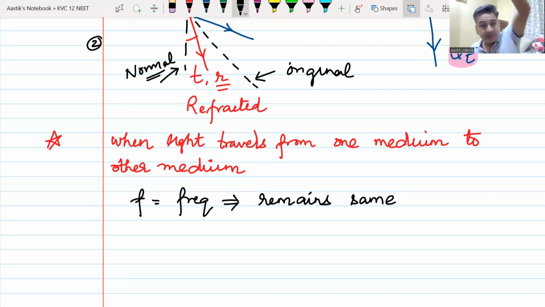It depends on this bulb, not on anything else. So frequency remains the same, but something changes. What changes? V and lambda. What is V? What is lambda? Velocity and wavelength. V is the speed of light and lambda is the wavelength of light. These change.